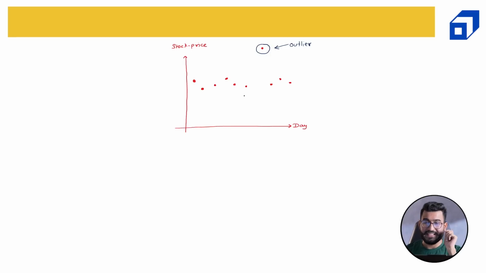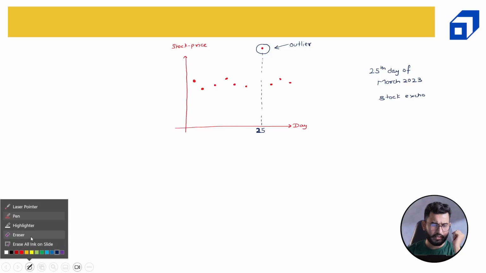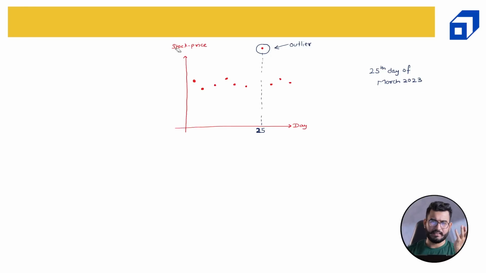Now if I tell you that on this particular day, let's say this is day number 25, in the 25th day of the month, let's say March 2023, let's say this is the stock price of the company Reliance.